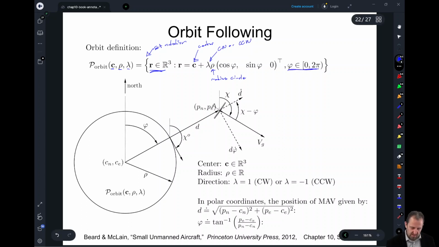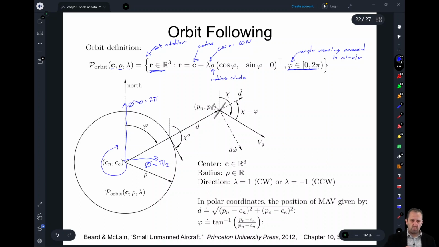But this notation right here is we're going to take this phi, and this is just going to be an angle moving around in a circle, from 0 to 2 pi. So when phi equals 0, phi equals pi halves, all the way down to when it gets back, it's also equal to 2 pi.